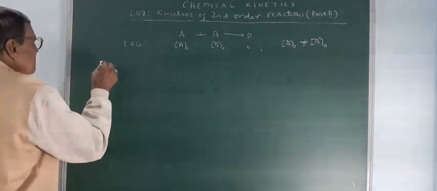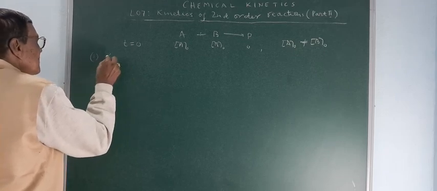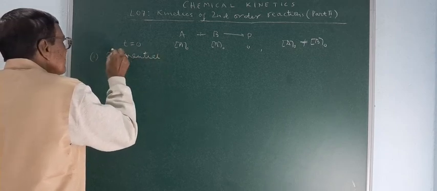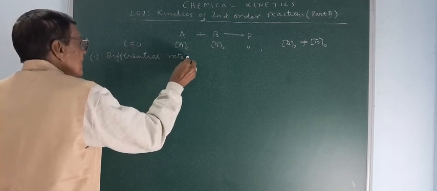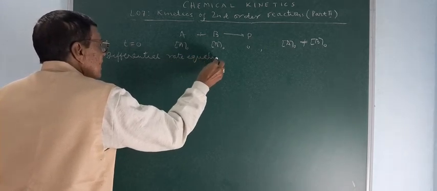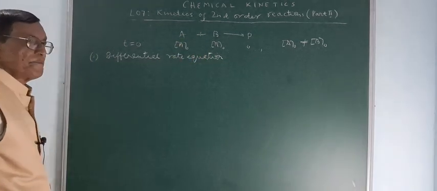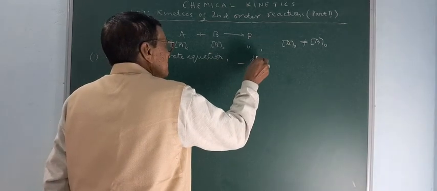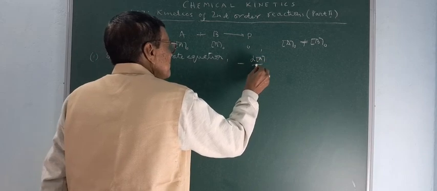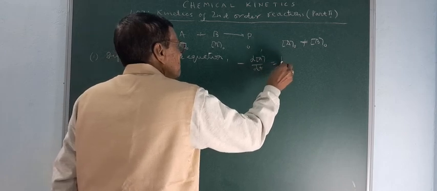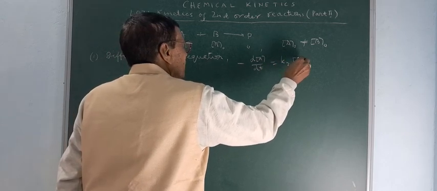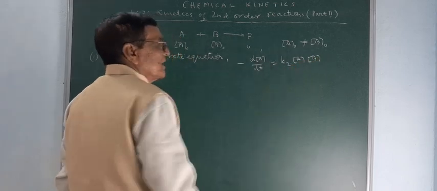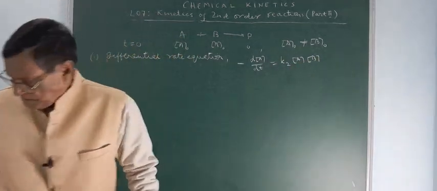So first, the differential rate equation of this reaction: minus dA by dt equals K2 times concentration of A and concentration of B, two concentration terms. So it is a second order reaction.